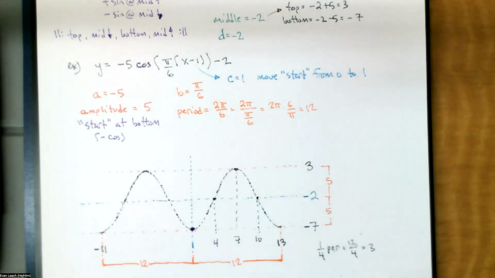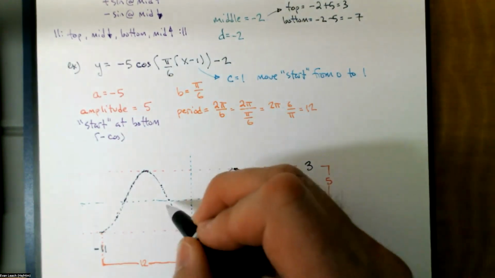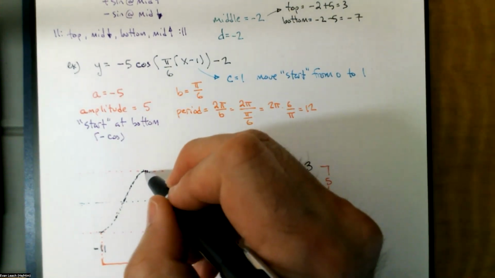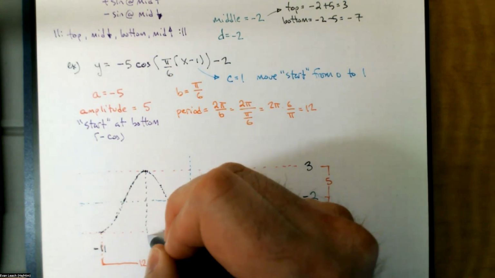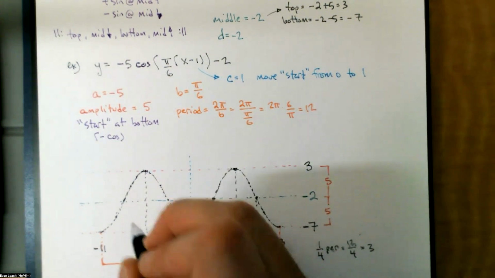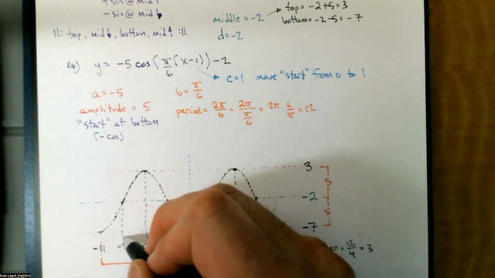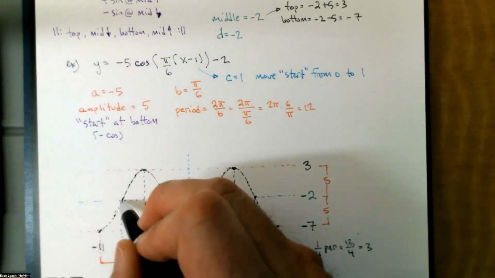If I go backwards, 1 minus 3 is at -2. -2 minus 3 happens at -5. Minus 3 is -8. Minus 3 again is -11.